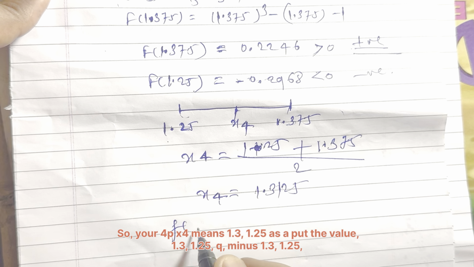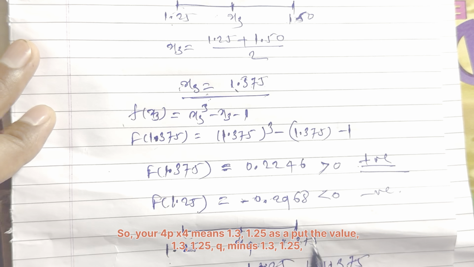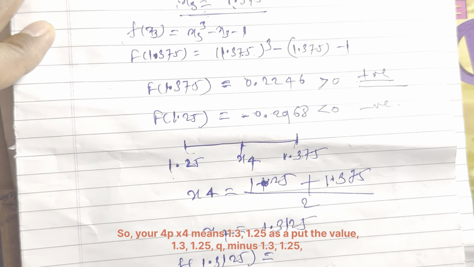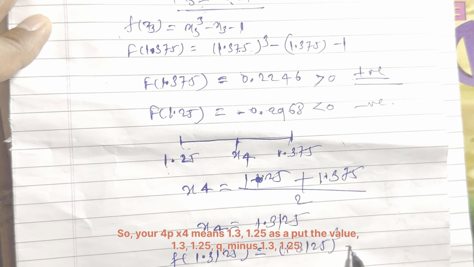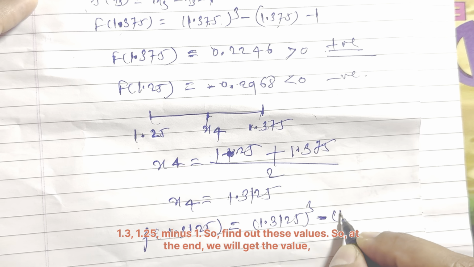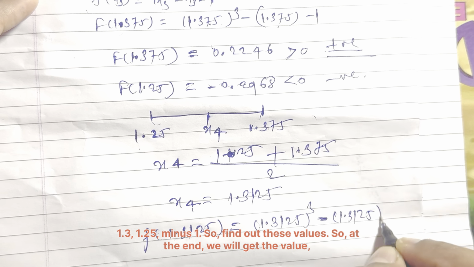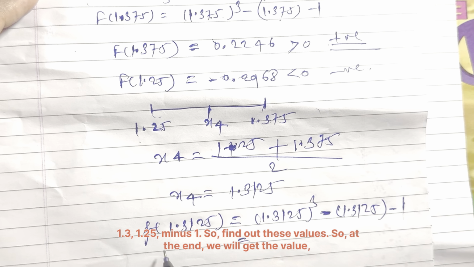So f of x4 means we put the value 1.3125 cube minus 1.3125 minus 1. So find out this value.